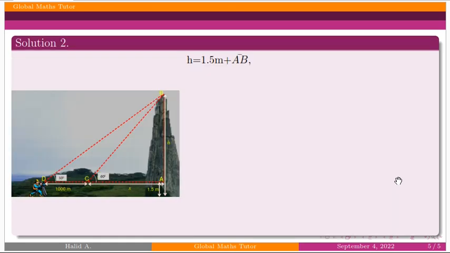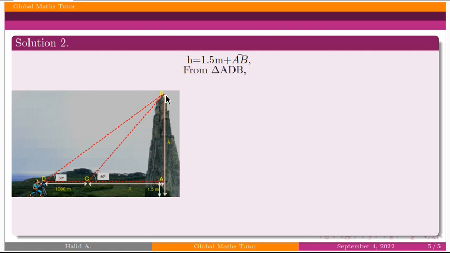Again, using simple trig functions, h is simply 1.5 meters plus AB. So first you need to find the length of AB. To find this, let's use the definition of simple trig functions.